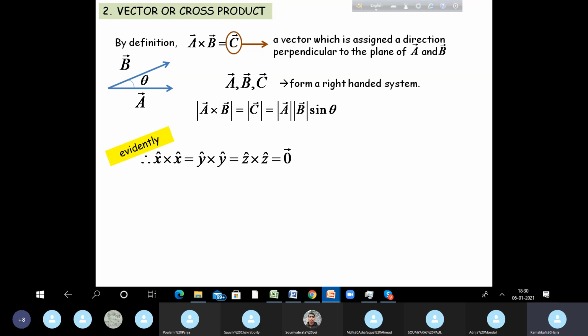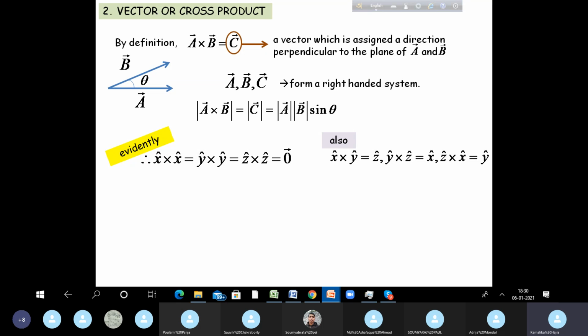And of course, therefore, if the angle between them is 0, then A cross B is 0 because sine 0 is 0. So as you can see, x cross x equal to y cross y equal to z cross z equal to 0. Whereas if the angle between them is 90 degrees, then you get the magnitude as the product of the magnitude of the two vectors.